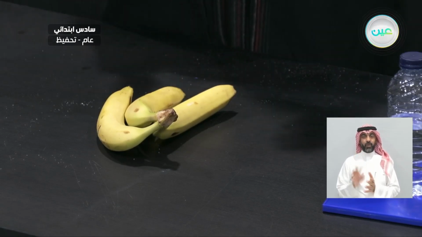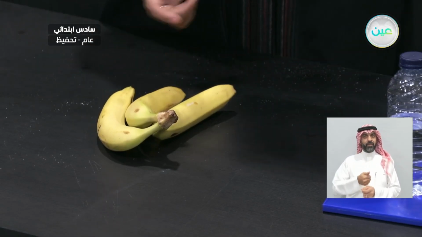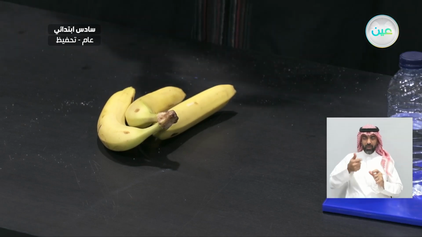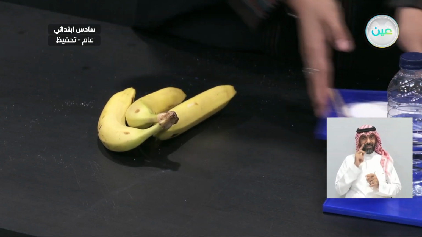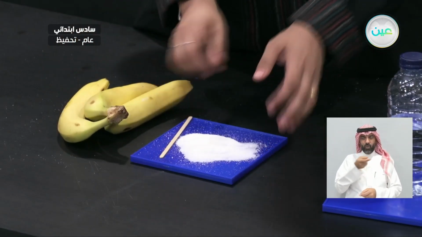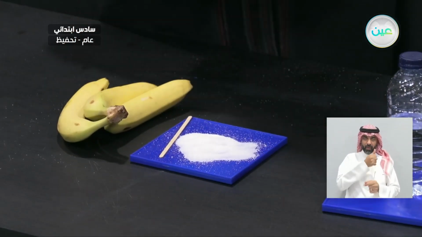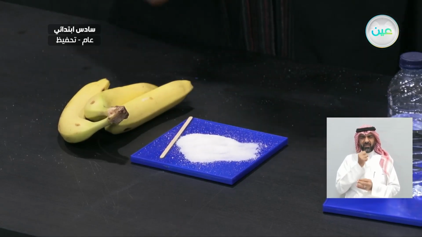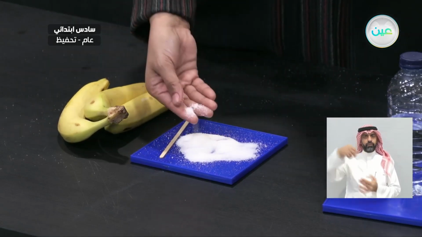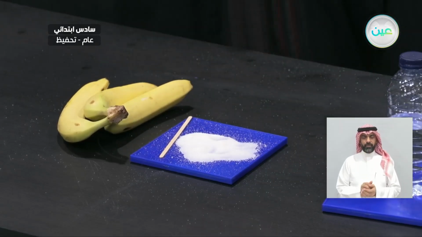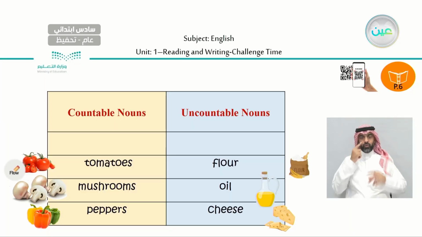So we can count bananas. 1, 2, and 3. Okay? So you see the difference between, for example, sugar and bananas. Okay? 1, 2, 3 bananas. But here we say sugar because it is uncountable. It's not easy. Okay?